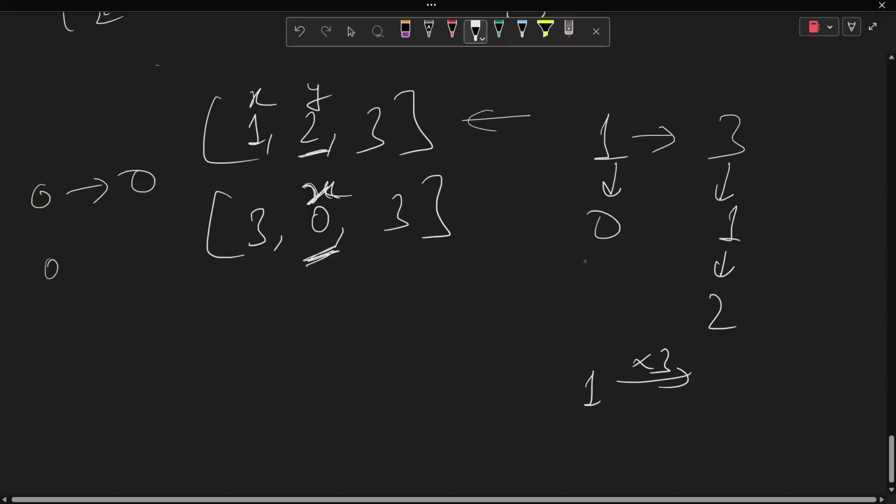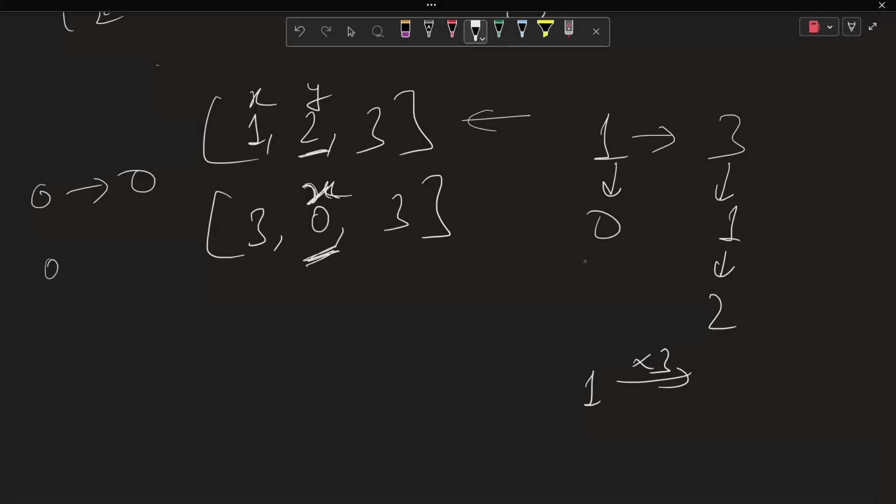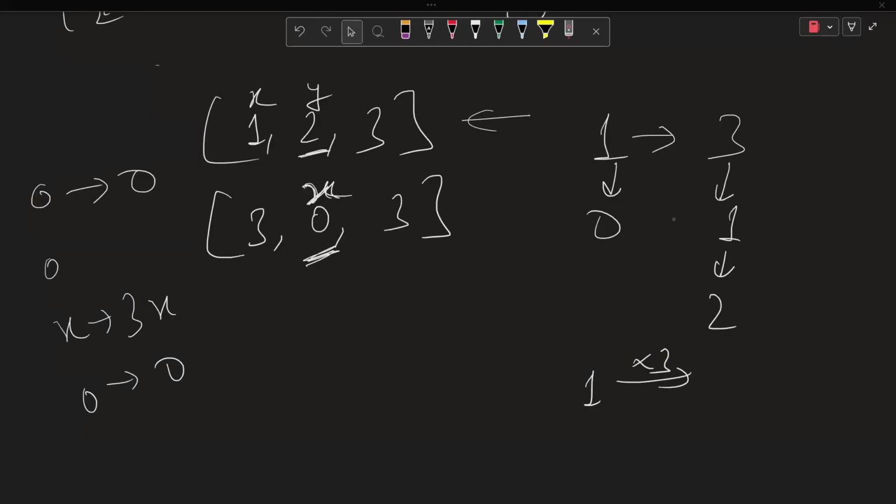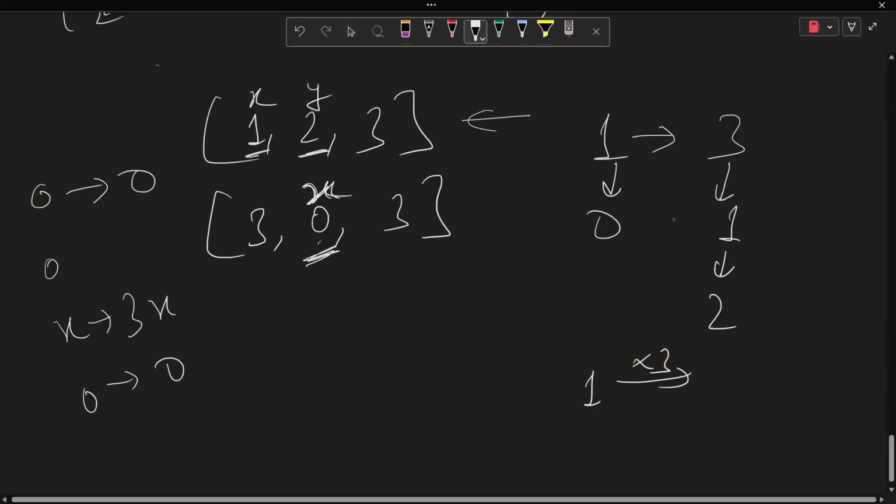If you select any non-zero number, it would definitely increase. If any non-zero number is selected as an X, it would become 3X. But if a 0 is selected as an X, it would remain 0. So we can take this benefit: if we make just any one number fall to 0, then we can utilize that number as an X every time and make other numbers fall to 0.